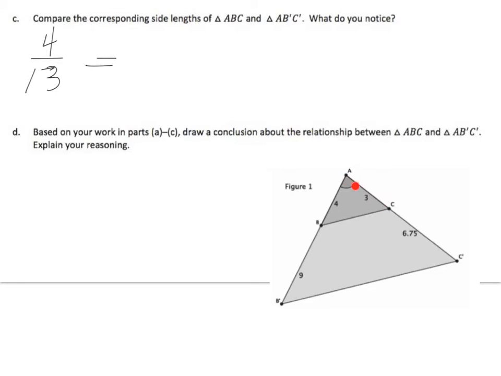That would be 3 over 9.75. Okay, let's find the cross product. Make sure that if I multiply down, I get the same thing. 4 times 9.75 is 39, and 3 times 13 is also 39. And if that checks out in the middle, then the lengths are proportional.